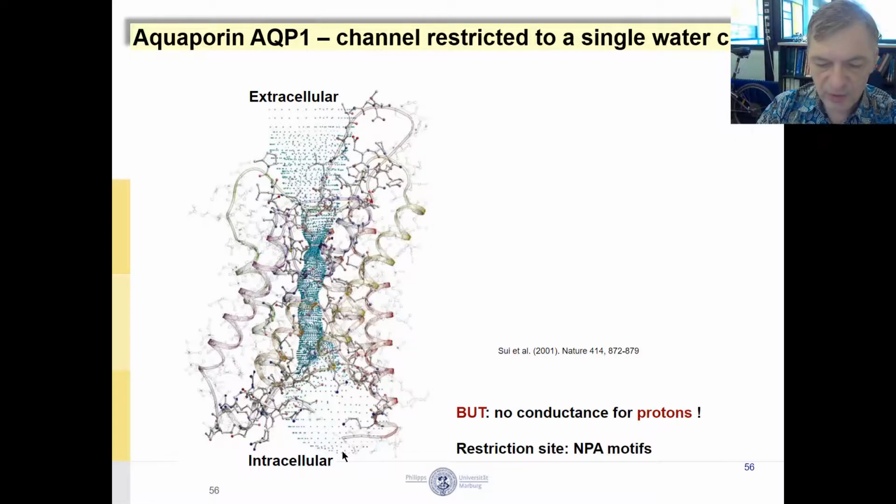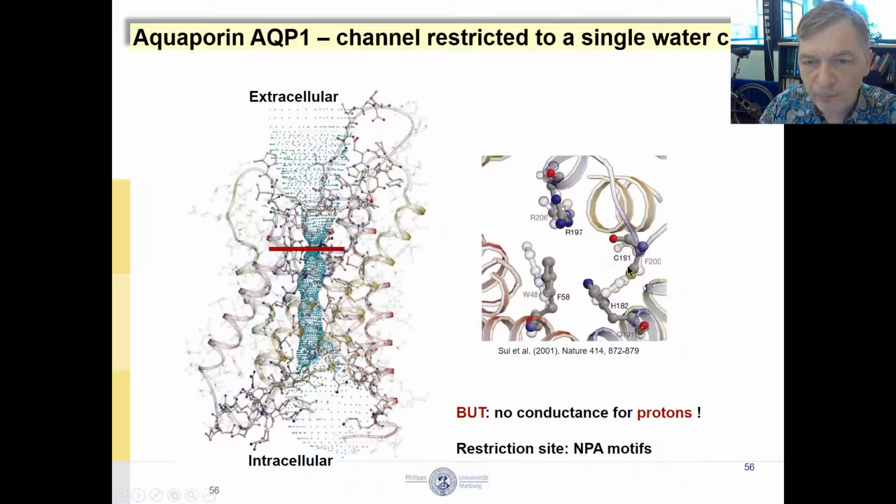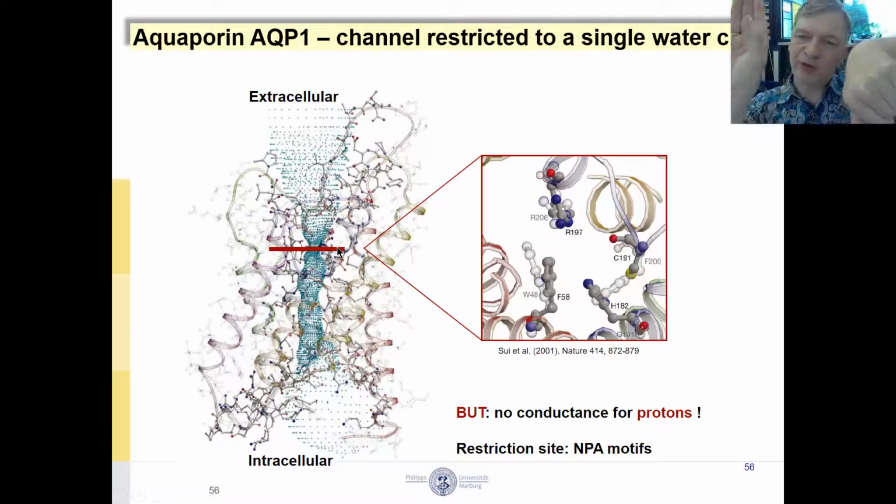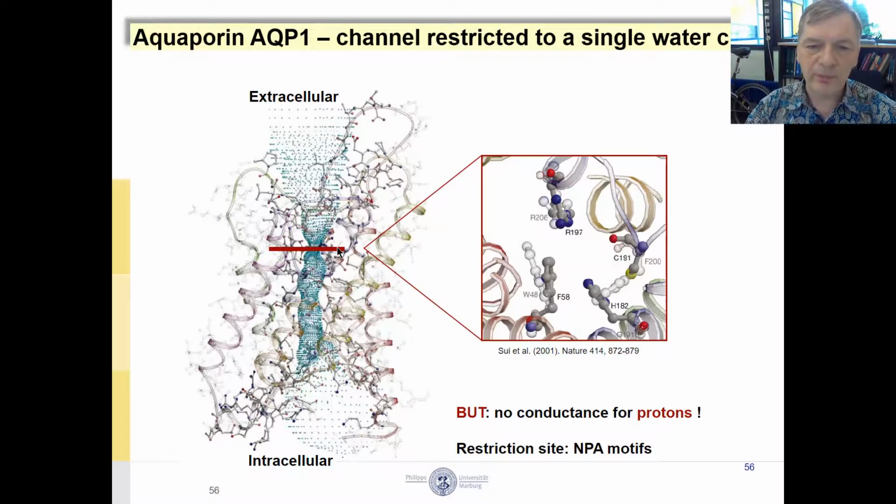that means the electrochemical potential along the membranes, this kind of water channel is disturbed at one particular position, at this restriction site here, where two water molecules are off-rotated in such a way that they cannot form a hydrogen bond anymore. By this little trick, aquaporins avoid proton conductance through the membrane.